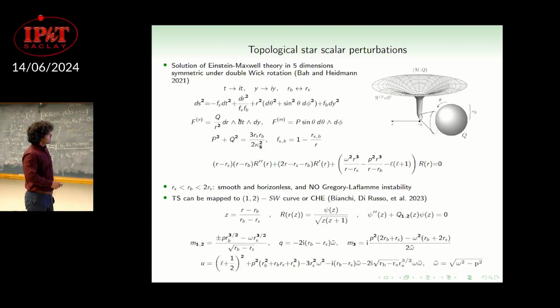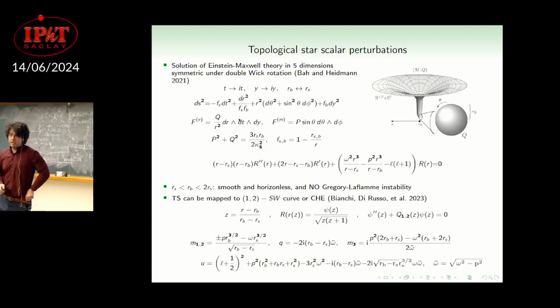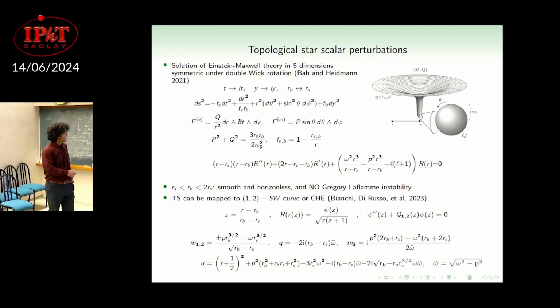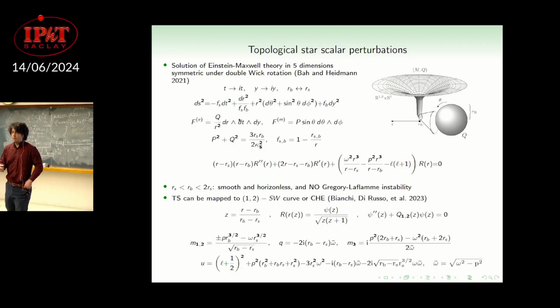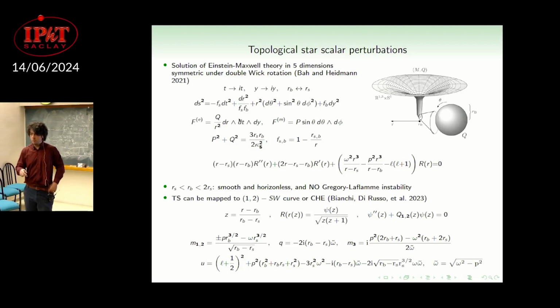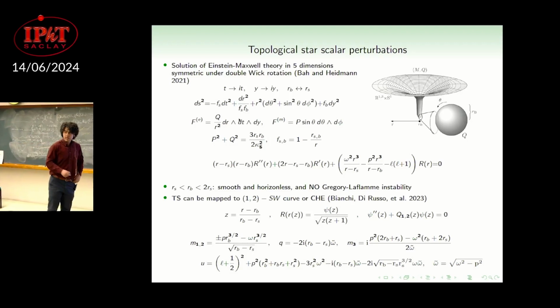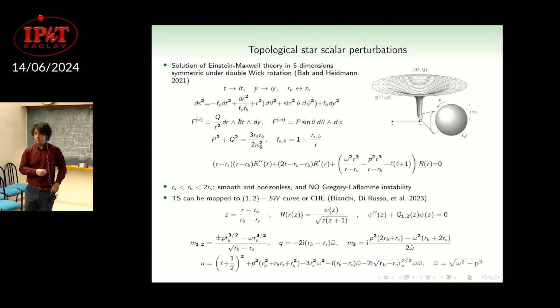This solution is interesting because according to the values of the two parameters R_S and R_B, you have both behaviors. If R_B is bigger than R_S, you have a soliton-like solution, so a solution which is smooth and horizonless. If R_S is bigger than R_B, R_S becomes a horizon, so this solution is a black hole.